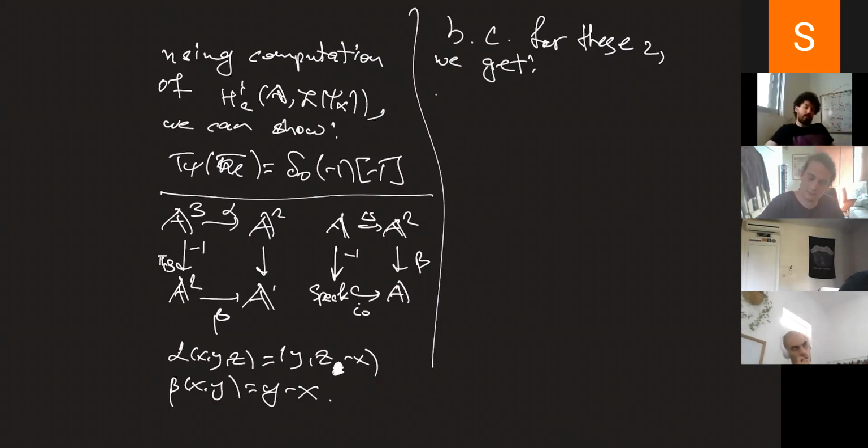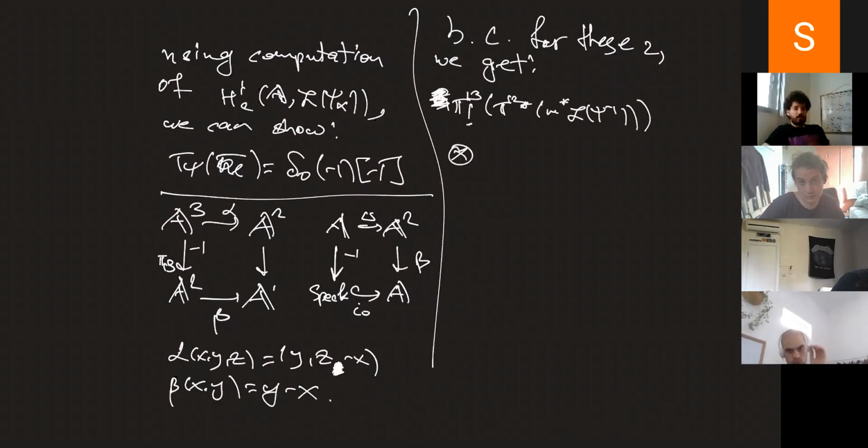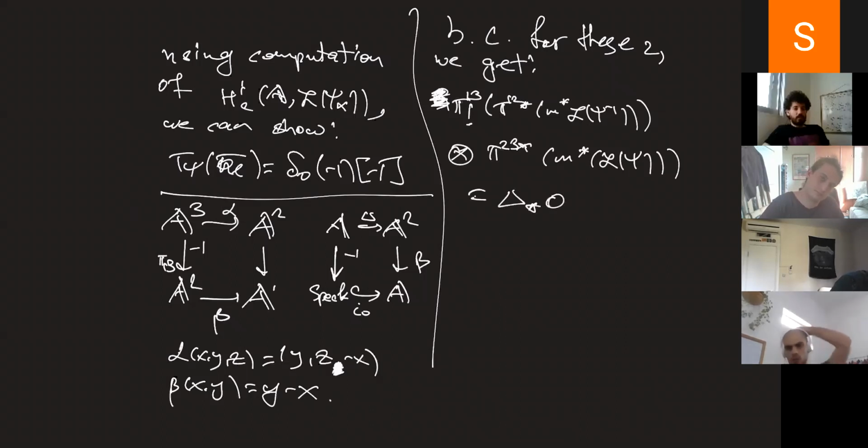And if we write down what the base change formula for both of these will give you, which I'm not going to write R as per Shai's request. So the pi 1,3 lower shriek of pi 1,2 upper star of n star L phi psi inverse, tensor, I'm continuing with this because I just don't have enough room, pi 2,3 star, m star L psi, is the same thing as the push forward along the diagonal of QL bar minus 1 shifted by minus 2, sorry.